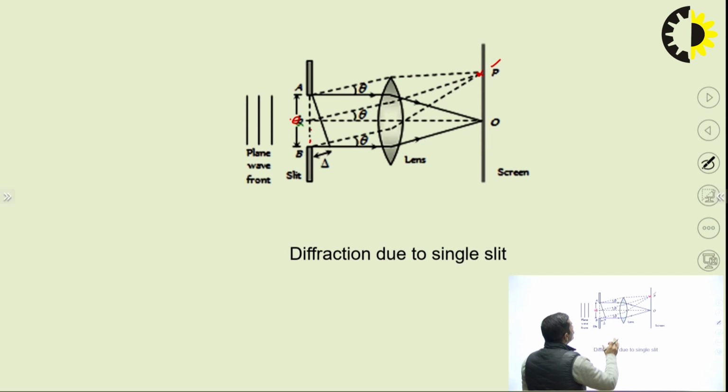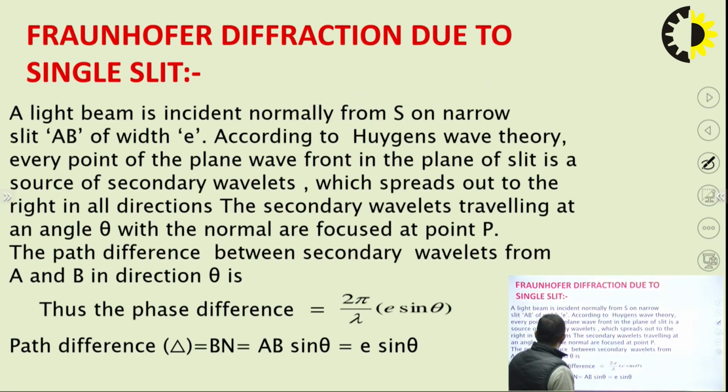Now if you want to find the path difference for this point P, the path difference will be this value, delta. To find it, we use the relation: phase difference equals 2 pi by lambda into path difference.